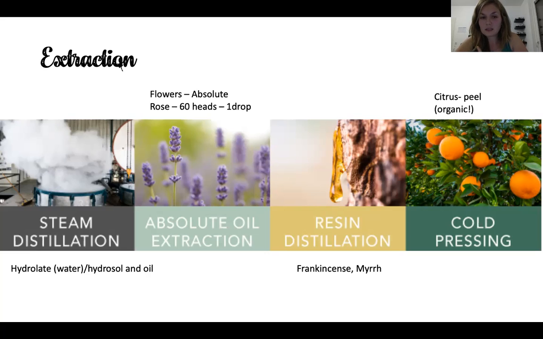It's the smell that makes it go for absolute oil extraction. And these oils are usually more expensive. Rose can be over 200 euros because for one drop of essential oil, if it's really well done, you might be using 60 heads of roses, and that's a lot.